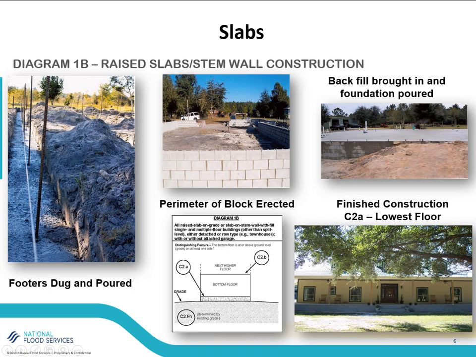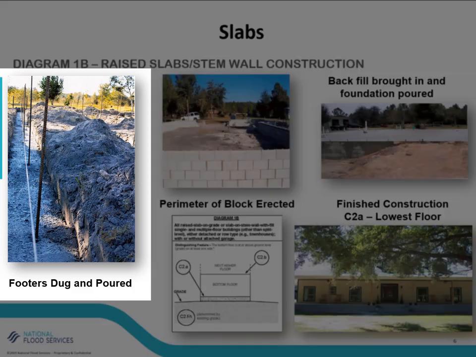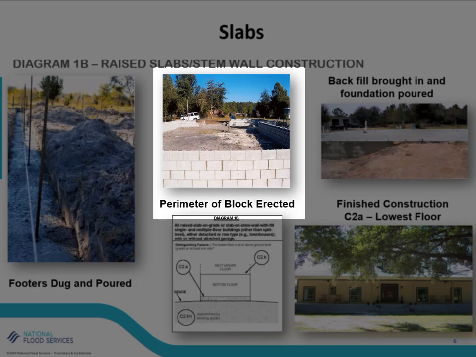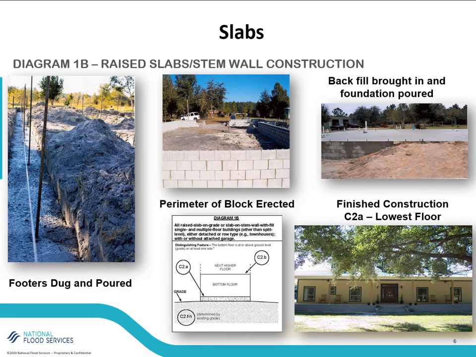Diagram 1B is very similar to a diagram 1A. However, the diagram 1B has a raised slab or stem wall construction. At the start of construction, footers are dug and concrete is poured in a trench. A perimeter of blocks is then erected on top of the footers that were dug.